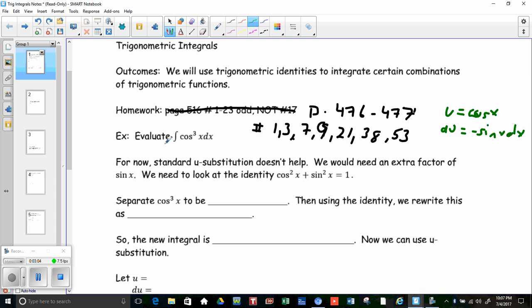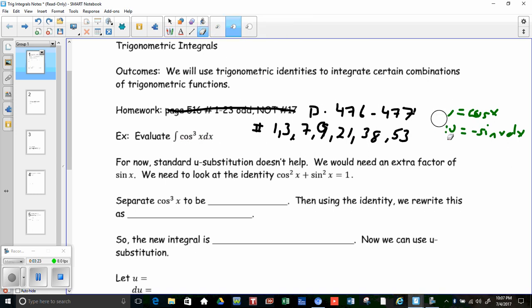And the problem is I would need another negative sine of x dx or sine of x dx over here someplace to get rid of it, and I don't have one of those. All I would have is a u cubed, and then when I put dx in there, it would have a sine x in it. So that is not going to do us any good.